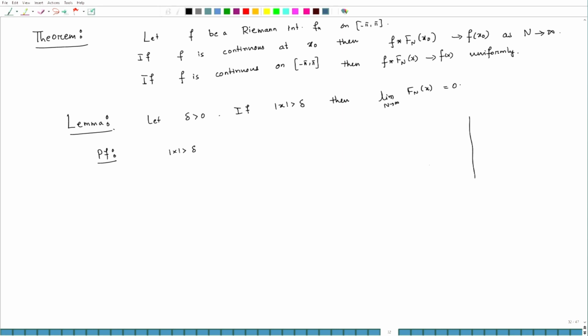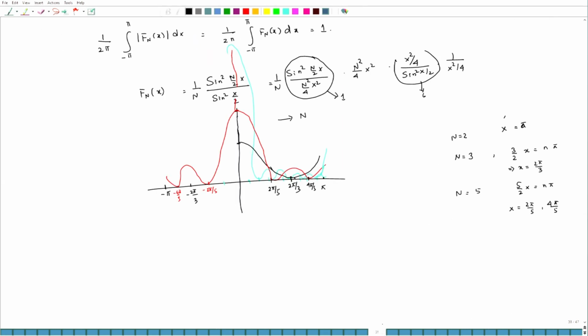Therefore, if I look at the curve of sin x by 2, on the positive axis it is going to be this. So, x by 2 goes from 0 to pi, and this is 2 pi.